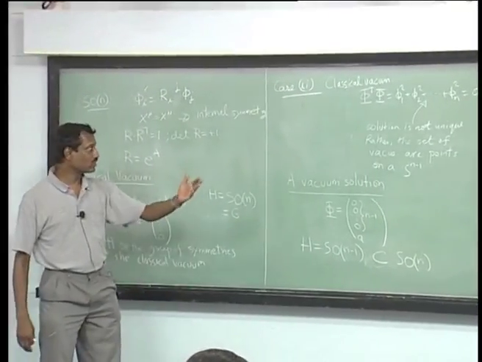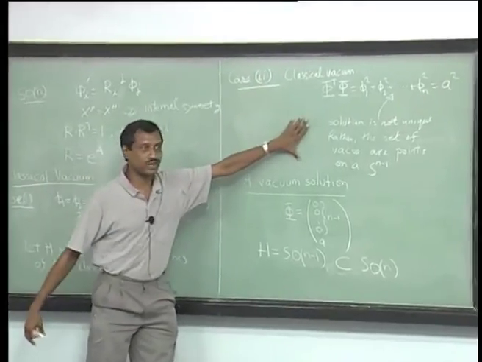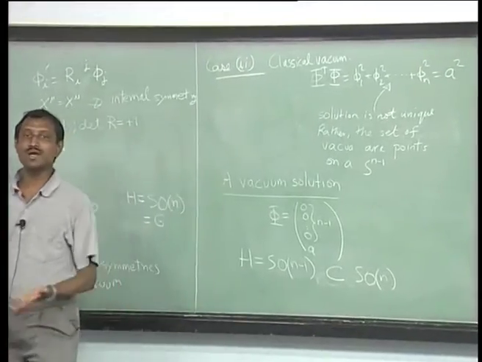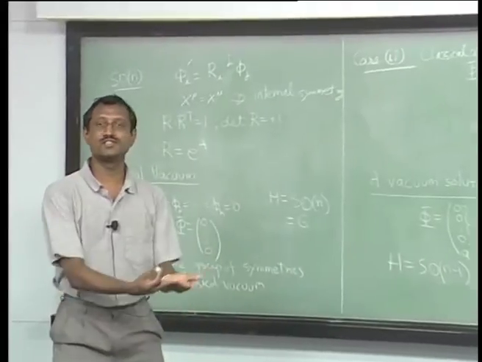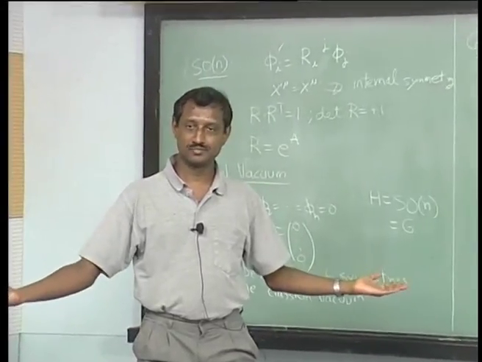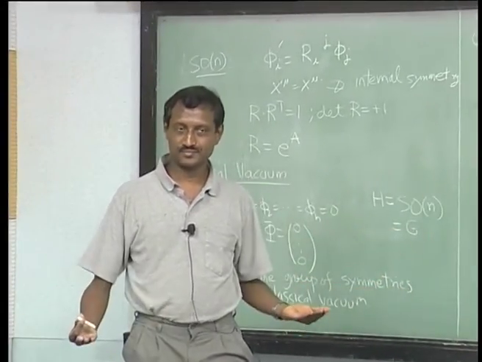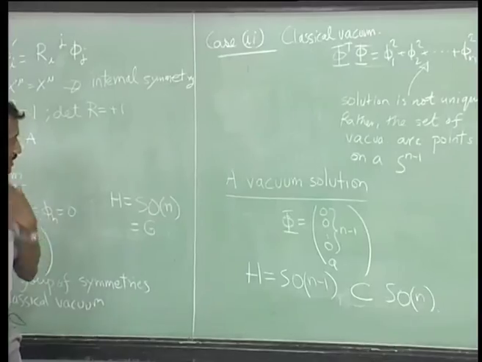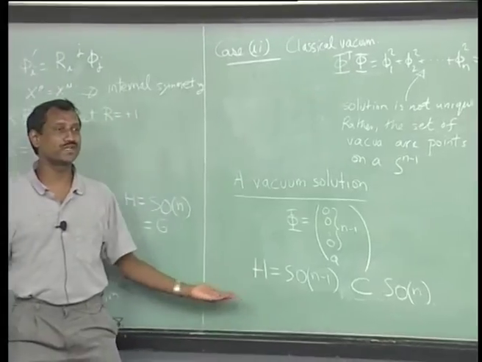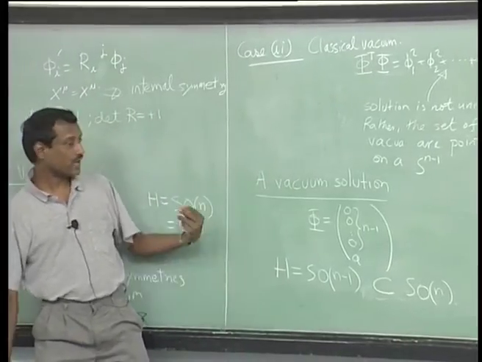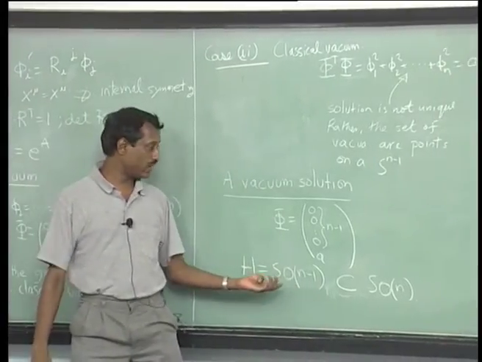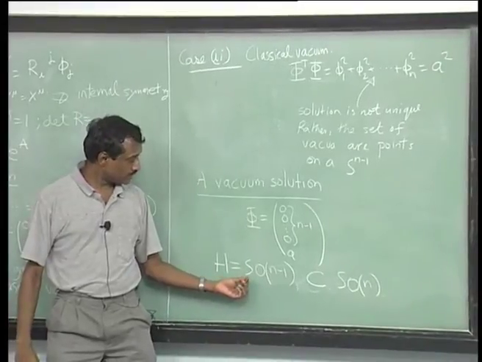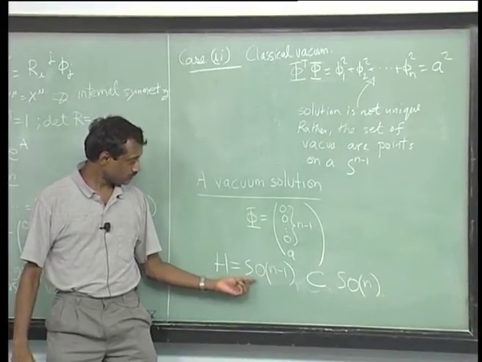Okay. So, you can see that there is a non-trivial set of vacua, all of which have to have the same energy, energy 0. That is why they are degenerate. Okay. Now, there is something very interesting which comes out of situations like this, where you have a continuous group.